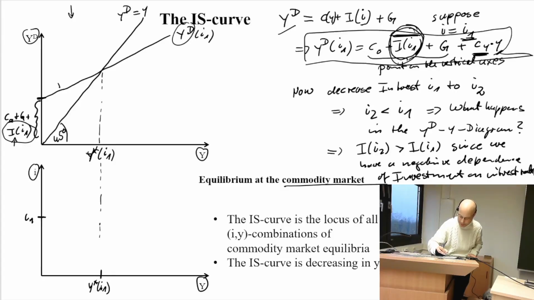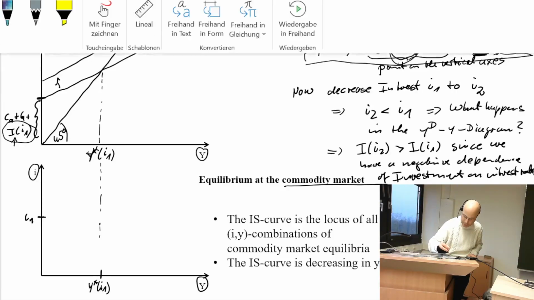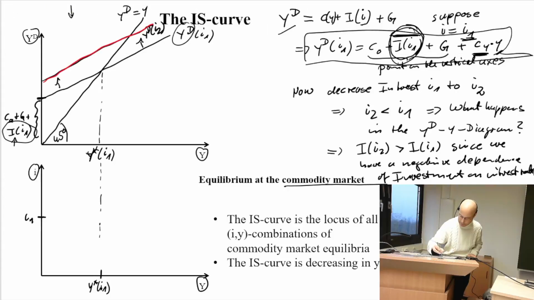Okay, so we obtain a parallel shift of YD, and this is then YD of I2. And let's take another color. YD of I2. And then this will be C0 plus G, nothing changed, plus I of I2.